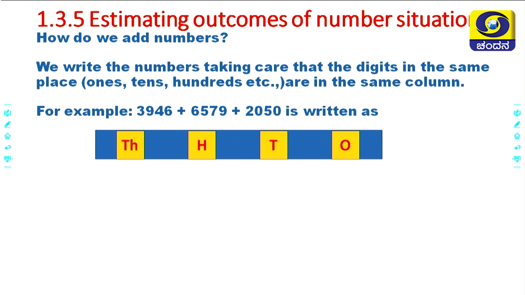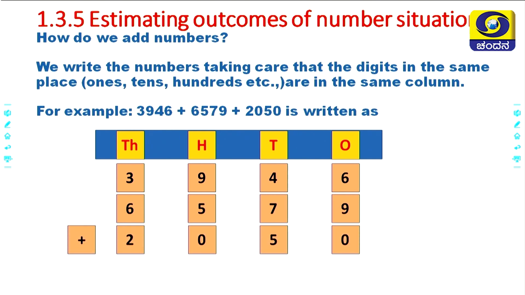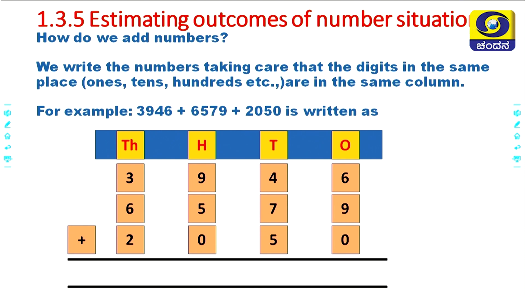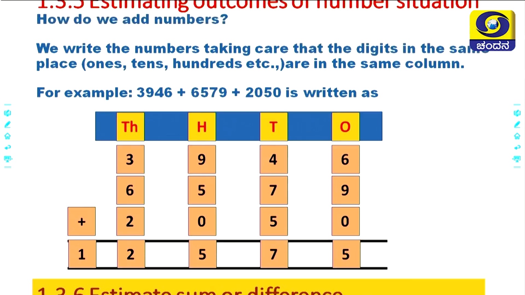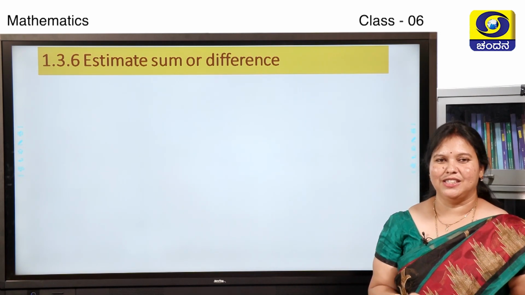We then add the tens column and this goes on. So, according to the place values, we have to write 3,946 and 6,579 and 2,050. By adding all this, we get 12,575.